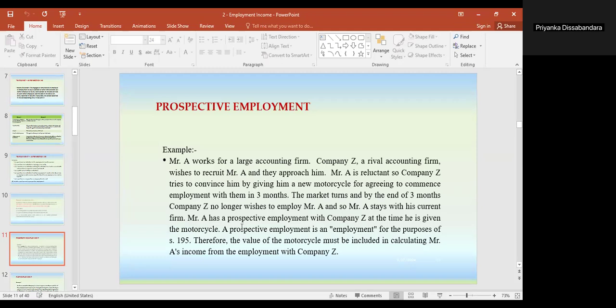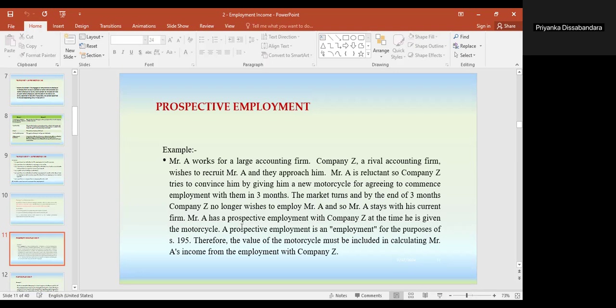A prospective employment is an employment, even though he is not an employee of that company, it is a prospective employment for the purpose of section 195. Therefore, the value of the motorcycle must be included in calculating Mr. A's income from employment with company Z.